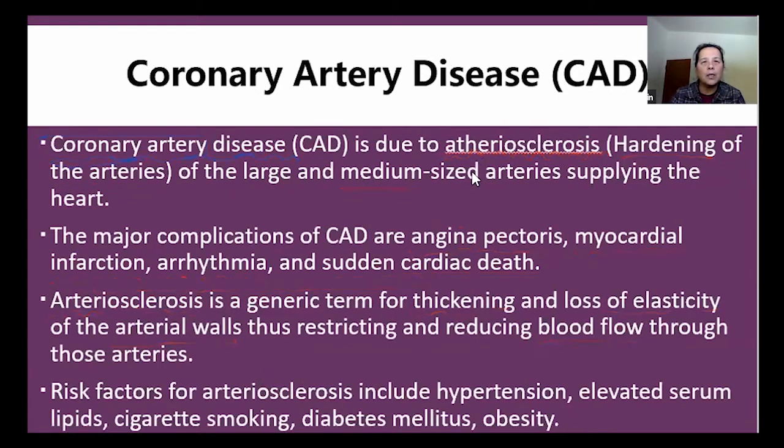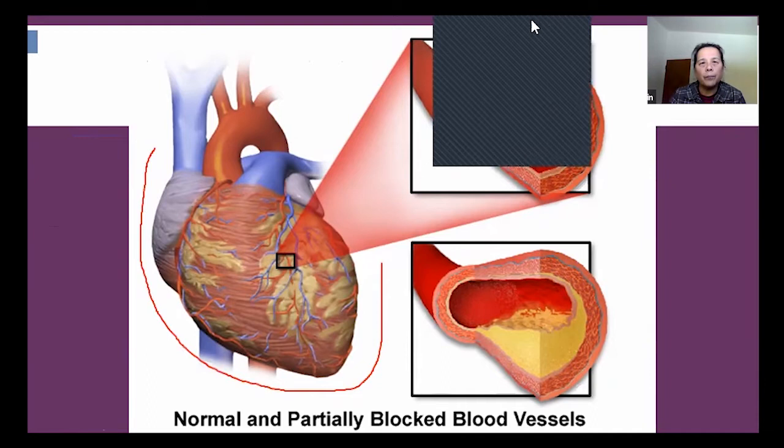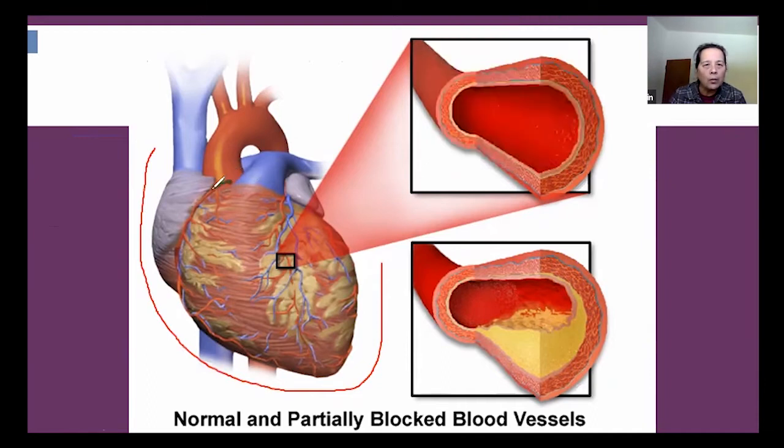Let's see the picture here. Here is the heart. We have two coronary arteries, one coming from here to here, that's the right side coronary artery. One coming from here going down to here, that's the left side coronary artery.